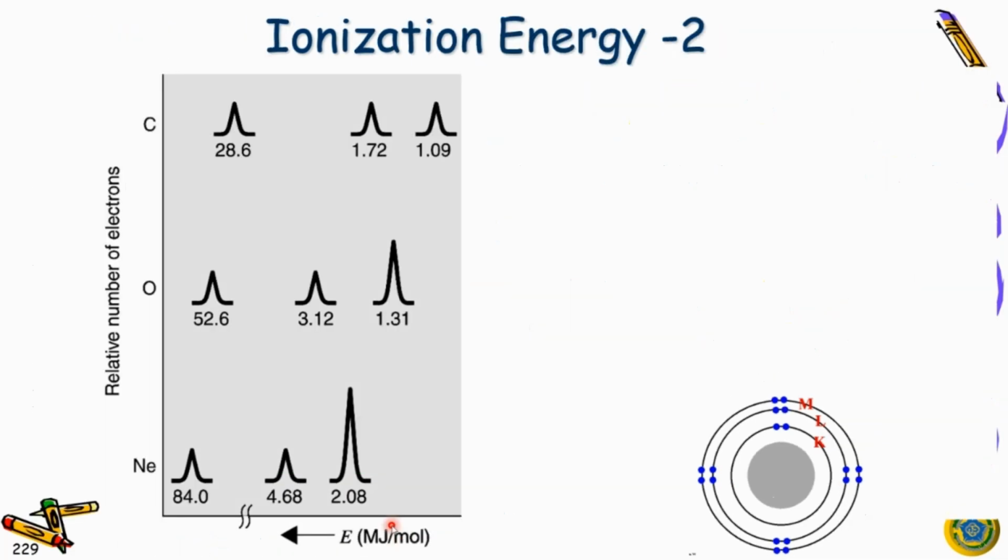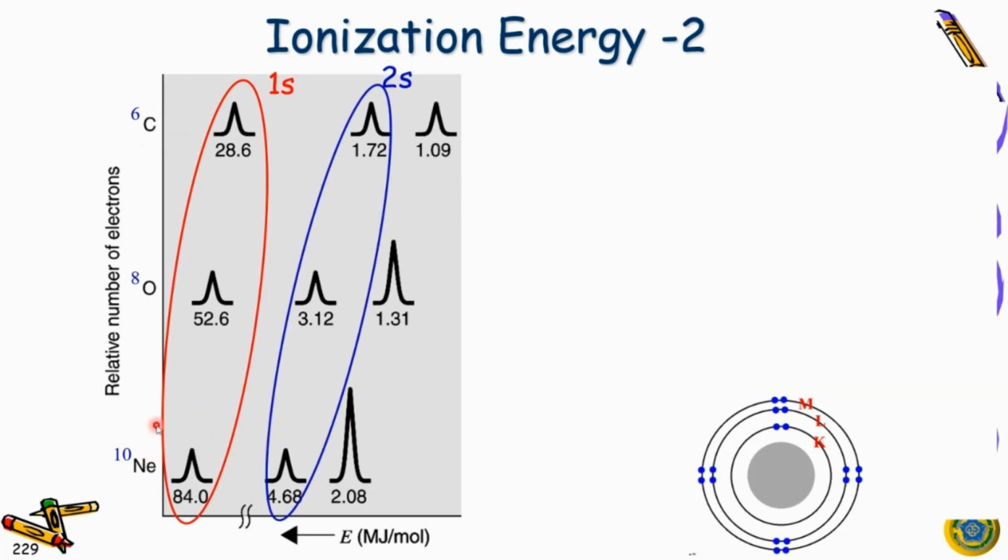Okay, the second example is carbon, oxygen, and neon. As we know, carbon has 6 protons, oxygen has 8 protons, and neon has 10 protons, or 10 electrons. And then the energy increases from the right to the left again. This is 1s, and you know that as the proton number increases, the energy increases.